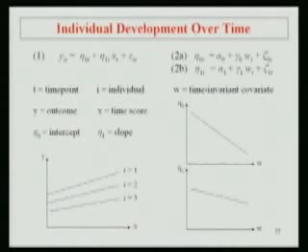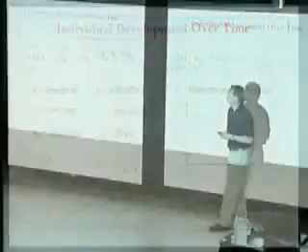The example could be: y is head circumference, x is month of age of the child, and w would be mother's drinking during pregnancy. We will call that a time-invariant covariate. It does not change with time. It stays the same with time.